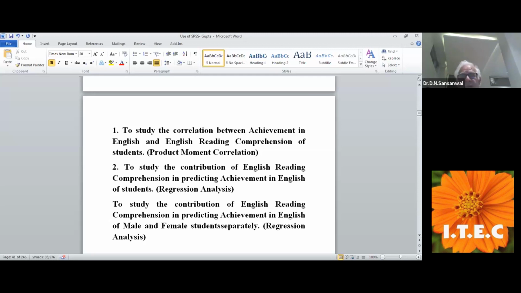Why? Because your population must be bifurcated gender-wise. From class 5th students, you have to find out males and you have to find out females. So it is not a random sampling technique. It is a stratified random sampling technique.